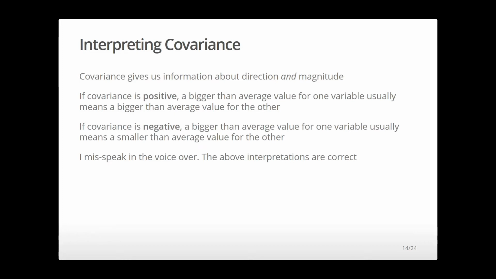A positive covariance tells us that if we observe one variable with an above average value, we're likely to observe the other with an above average value as well. A negative covariance tells us that if we observe one variable with a below average value, we're likely to observe the other with a below average value too.